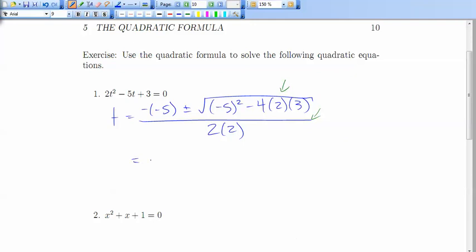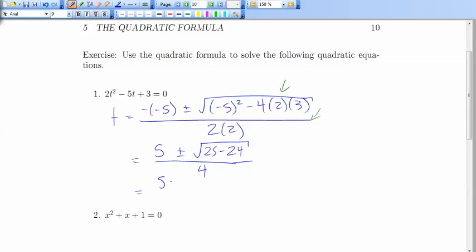If I simplify this calculation, we've got negative 5 squared is 25, and then we've got minus 8 times 3, minus 24. So 25 minus 24 under our square root sign, all over 4. Well, 25 minus 24 is 1, and the square root of 1 is 1.